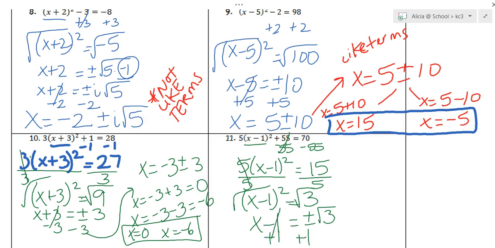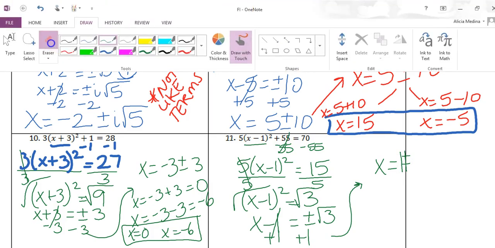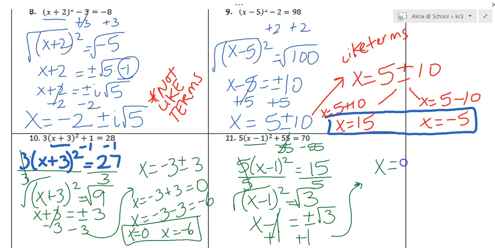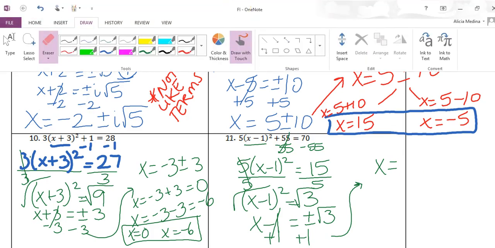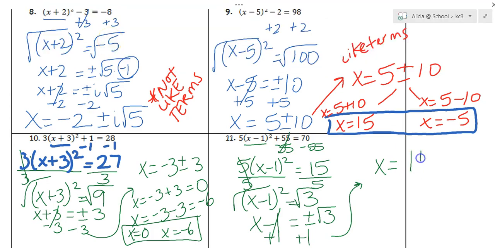So my answer is going to be x equals 1 plus or minus, I apologize, 1 plus or minus the square root of 3. Those are not like terms, right? So this is my answer right here: 1 plus square root of 3, 1 minus square root of 3.